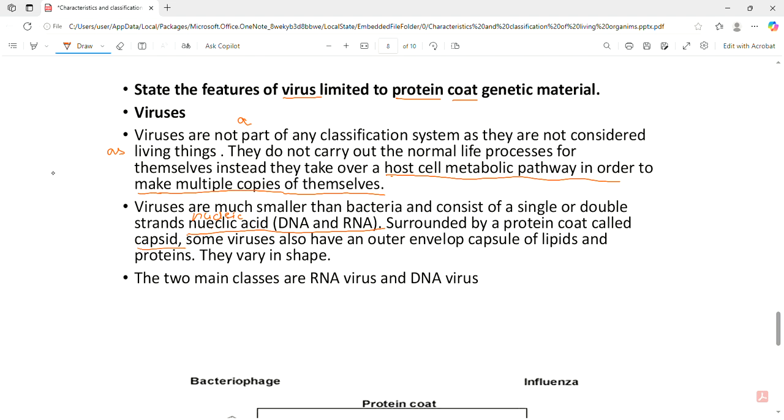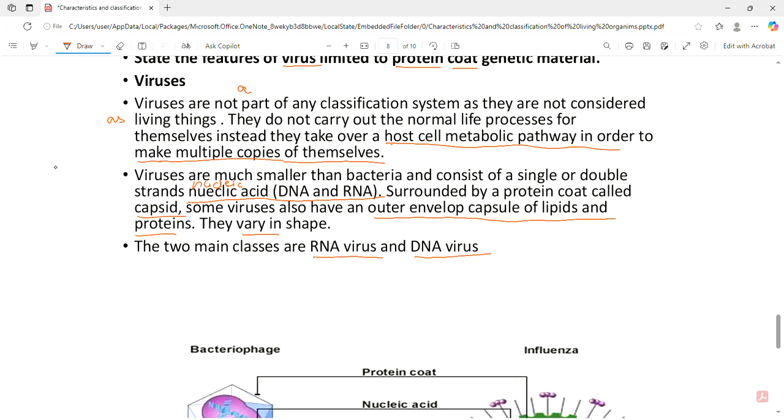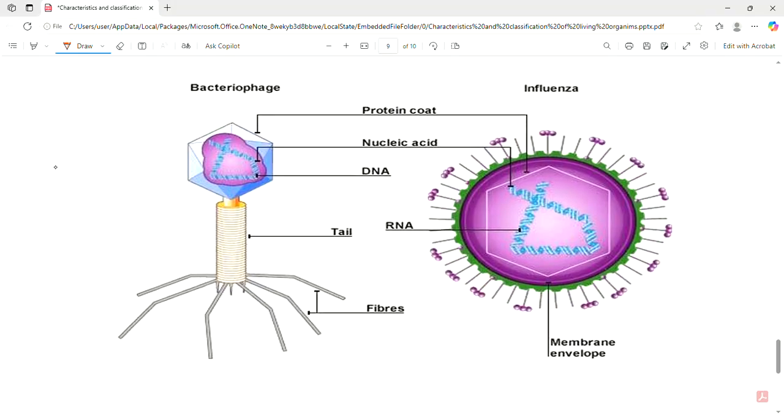Some viruses also have an outer enveloped capsule of lipids and protein. They vary in shape. The two main classes are RNA virus and DNA virus. These are the two classes of viruses. So you can see that this is a common virus, called a bacteriophage.